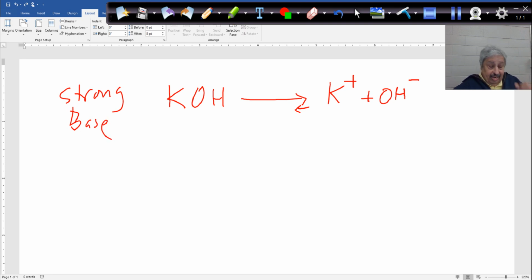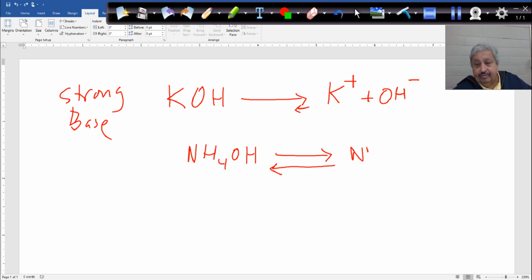But if I have another base that's really very weak, such as ammonium hydroxide, identical double arrow. Or iron hydroxide, iron 3 hydroxide.